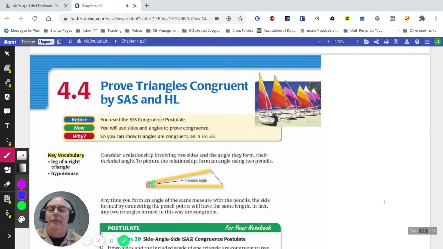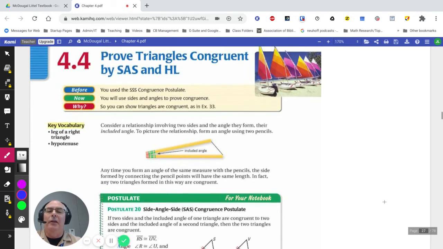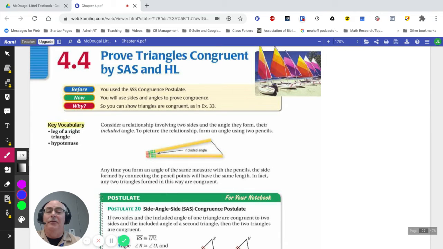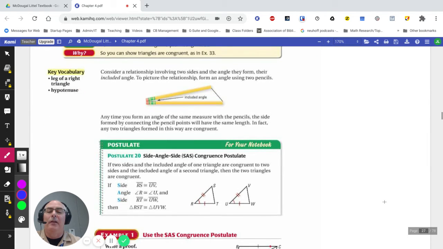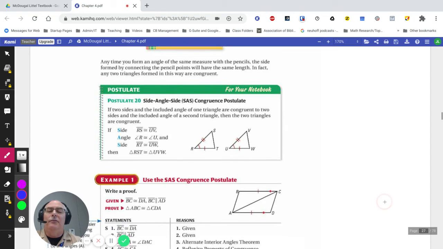In lesson 4.3, we were proving triangles to be congruent by using the concept of side-side-side congruence. Now we're going to continue to look at other ways that we can prove that two triangles are congruent as well. The next one is called side angle side. And it's very important because there's a very specific order here that I have to pay attention to.